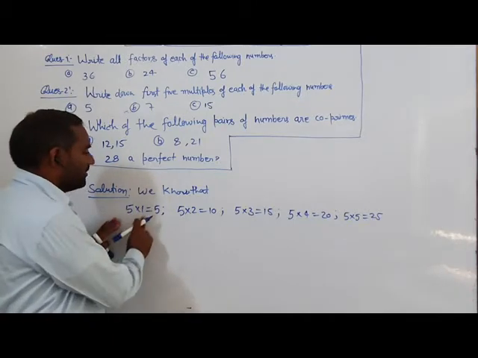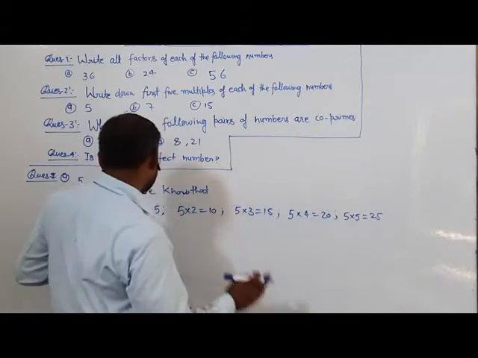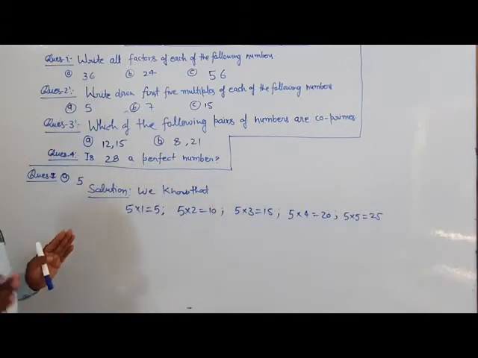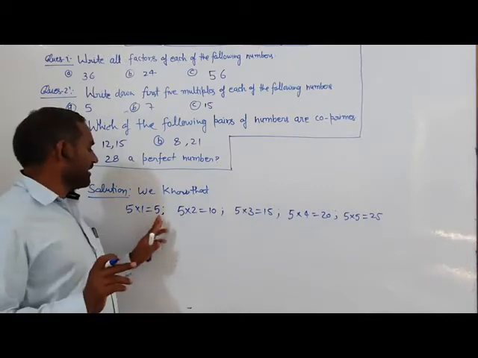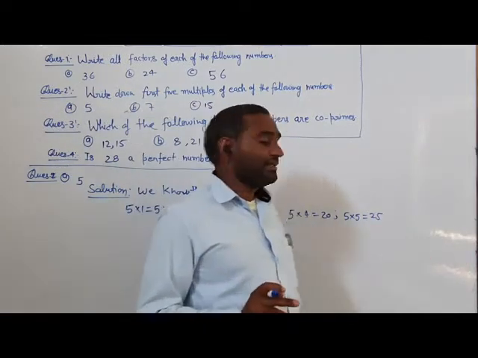1 is a natural number, 2 is also a natural number, 3 is also a natural number, 4, 5. So we multiply the given number by natural numbers, and we get the multiples: 5, 10, 15, 20, 25.